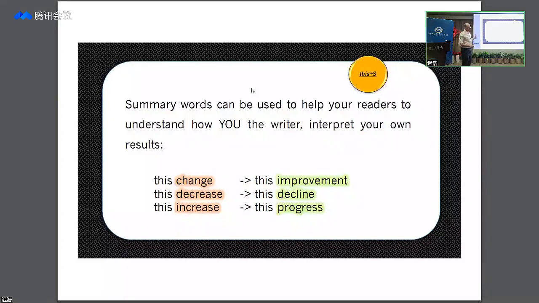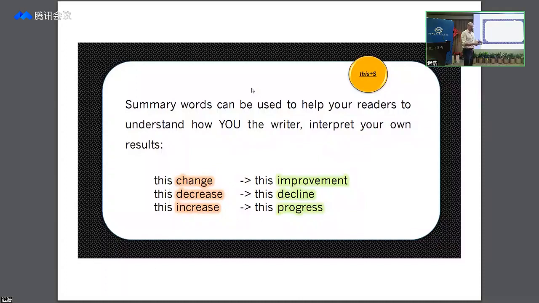So instead of saying this change, you can say this improvement. Let's say the number of people that have died in car accidents has changed from whatever, 1,000 in 1950 to 500 in 1970.